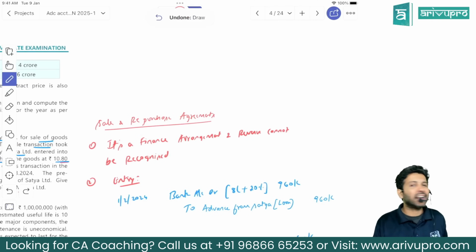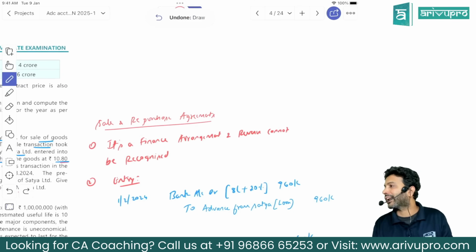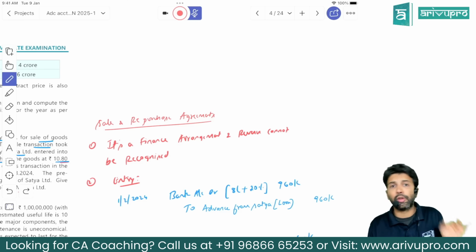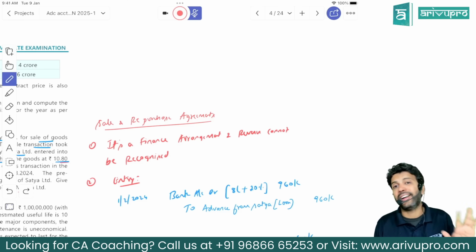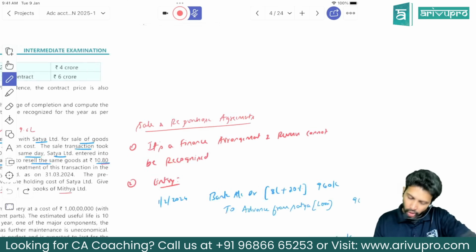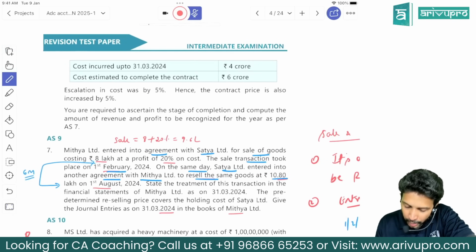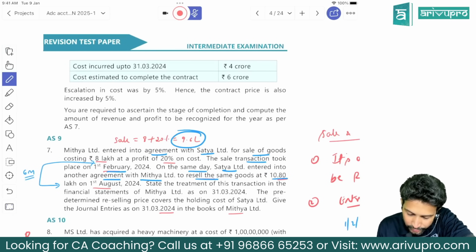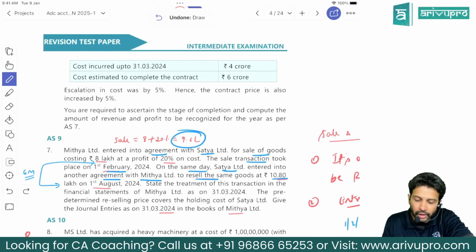It's a finance arrangement. Can you book revenue as per AS9 for a finance arrangement? No. Whatever amount you have received, you should show it as a loan or as an advance. That's what we have to apply over here. How much did you sell the goods for? 9 lakh 60,000. On 1st February you sold; when are you buying back? 1st August.